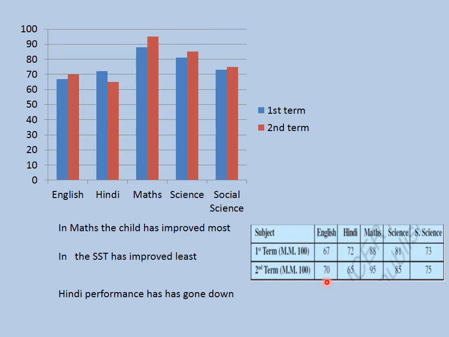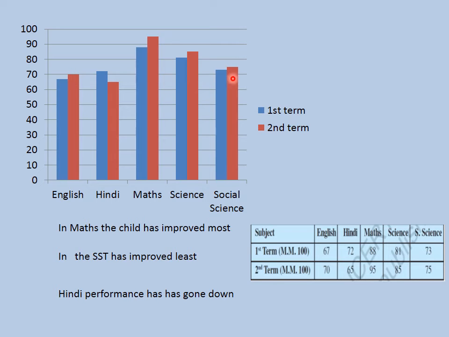Okay. Now in which subject has the child improved least? That means in which subject the second term shows the least improvement over the first term. Maths is a bigger improvement because there is a large difference between blue and red, and here also a big difference.